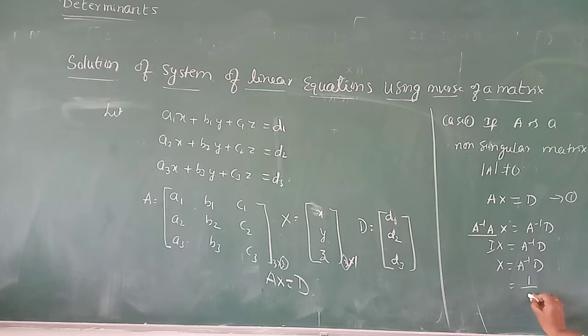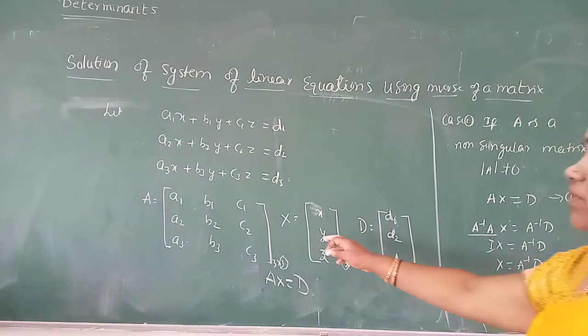A inverse is 1 divided by determinant of A into adjoint A. So X is equal to 1 divided by determinant A, adjoint A into D. D is what? d1, d2, d3, or else you can write as it is. Okay, this is how you can calculate the value of X.